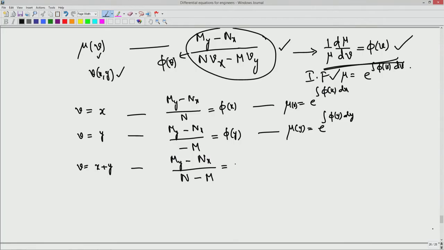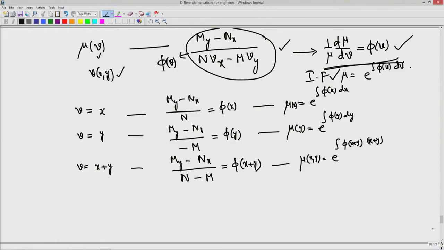This should be a function of v, that is, v is here x plus y. I verify that. Then mu of x, y is equal to e to the power integral phi of x plus y, into whatever the variable is, x plus y.